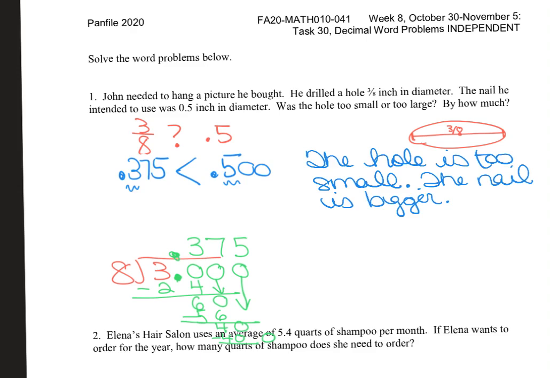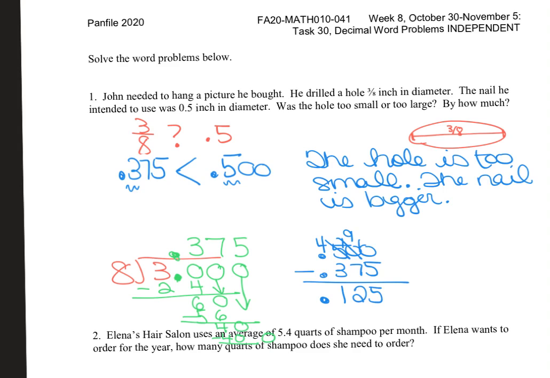And how much bigger is it by? So now we need to take 0.500 and subtract 0.375. So we line up our decimals with subtraction. I make that a 4, I make that a 10, but now I have to make that a 9 to carry it down over to the right. 10 minus 5 is 5. 9 minus 7 is 2. 4 minus 3 is 1.